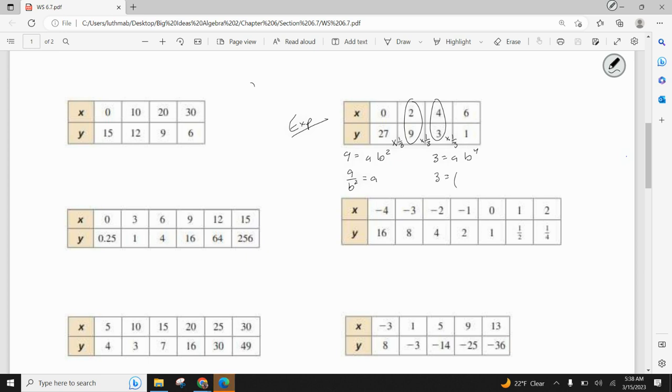Sub in over here. Ooh, it's going to be a weird one. So we'll have this square root, plus or minus the square root of 1/3.